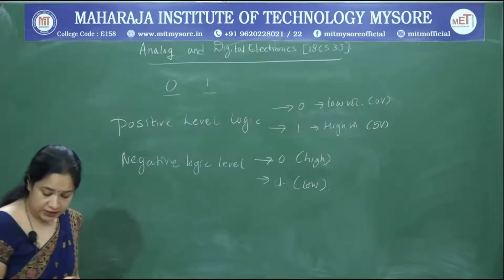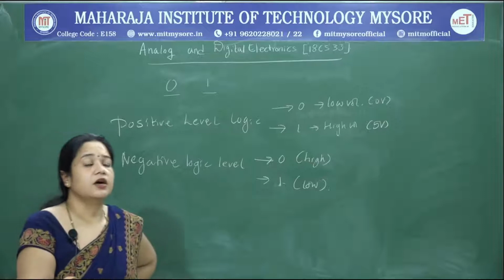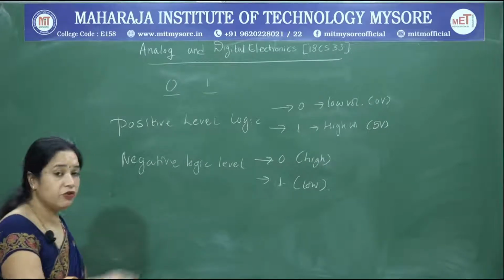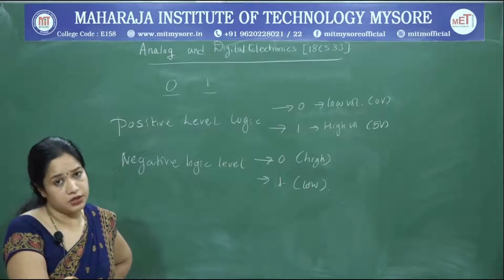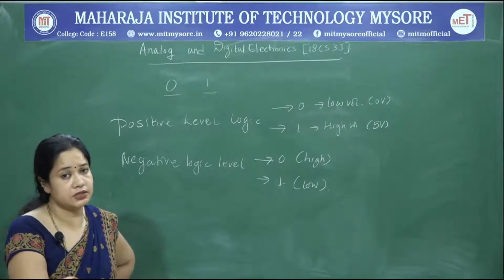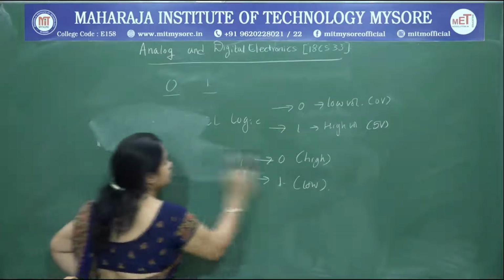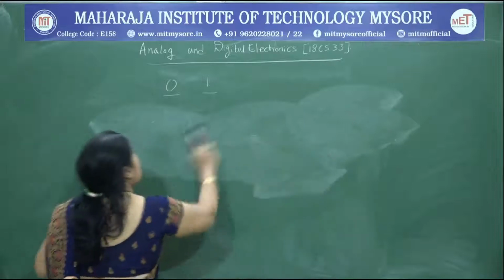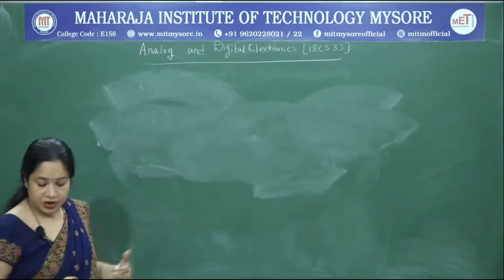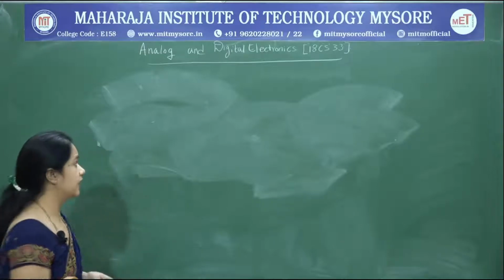Now, we will see other basic concepts which you have already studied in basic electronics before jumping into simplification of your Boolean expressions using advanced techniques. We will try to recall a few terms which we have already studied in basic electronics.